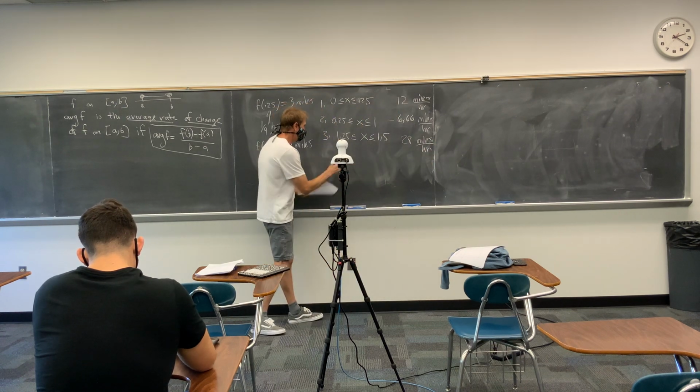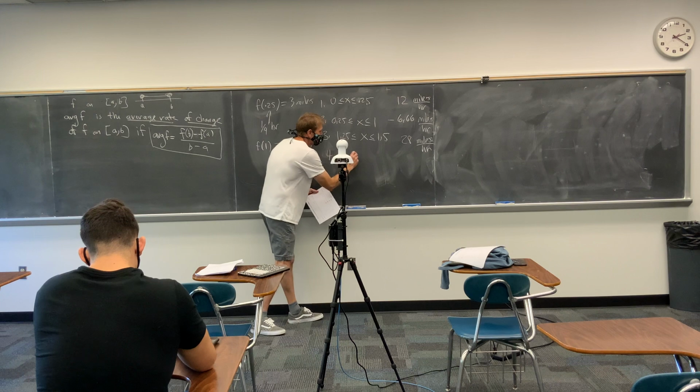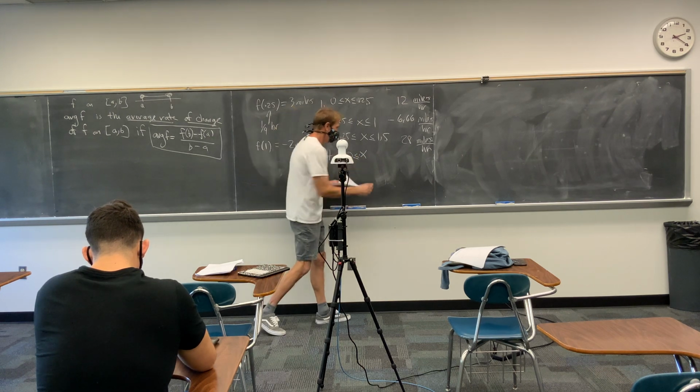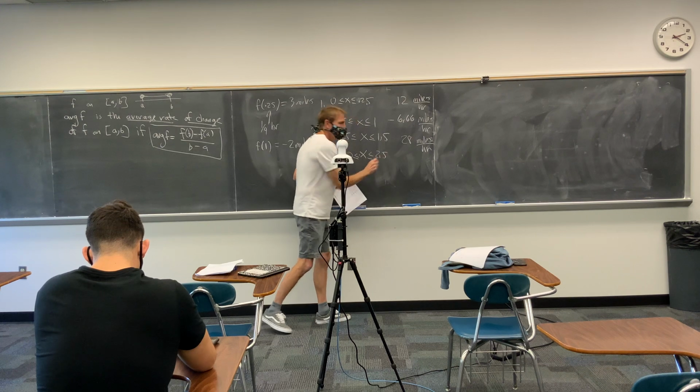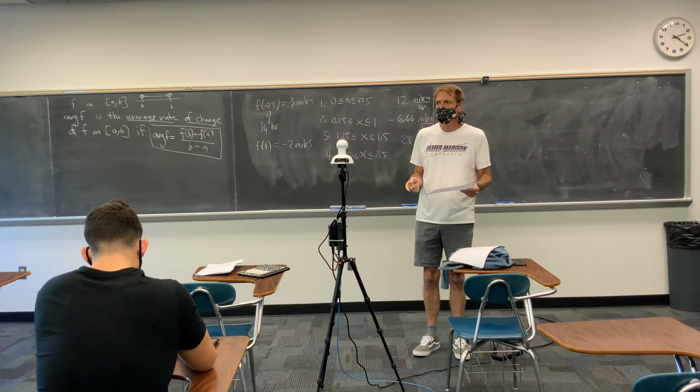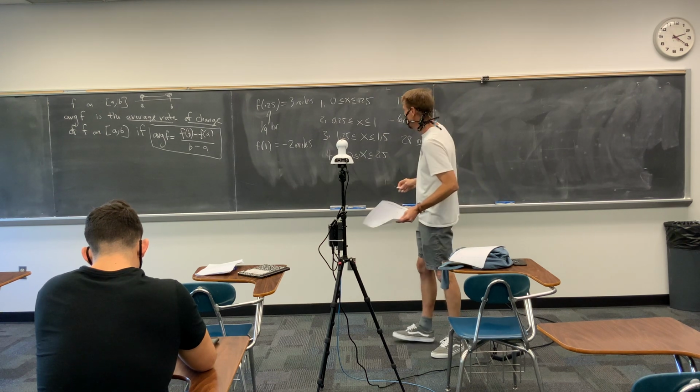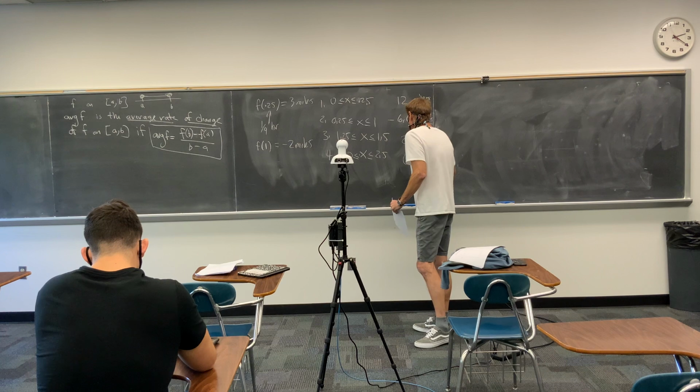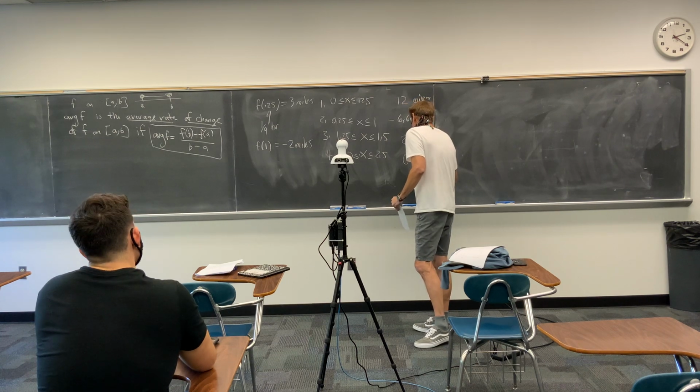And then the last one, when x is going between 0 and 2.5, overall, over the entire time period, on average, how fast was he going? 0 miles per hour.